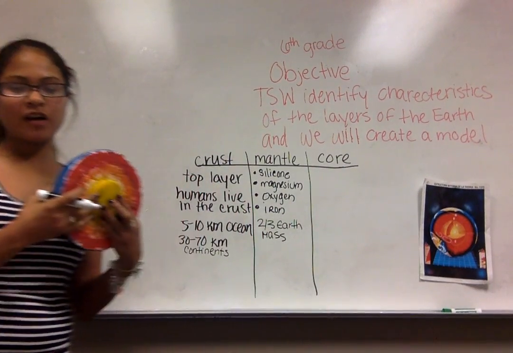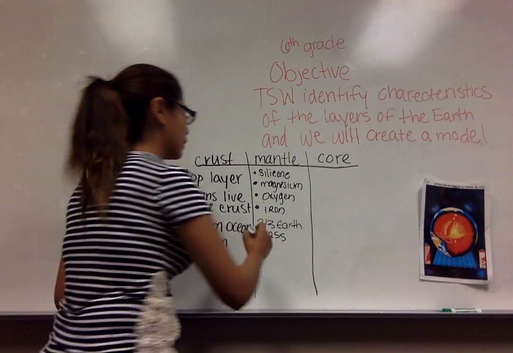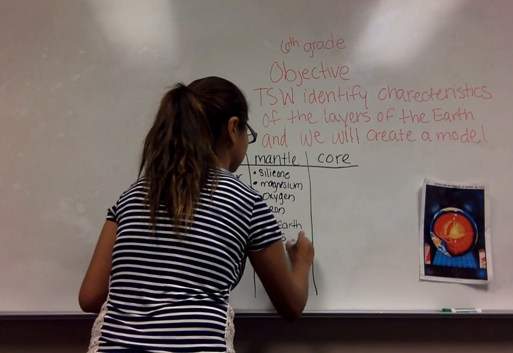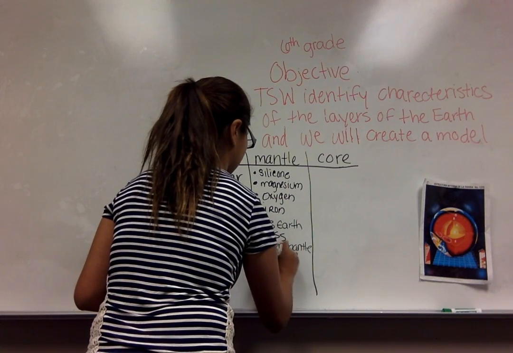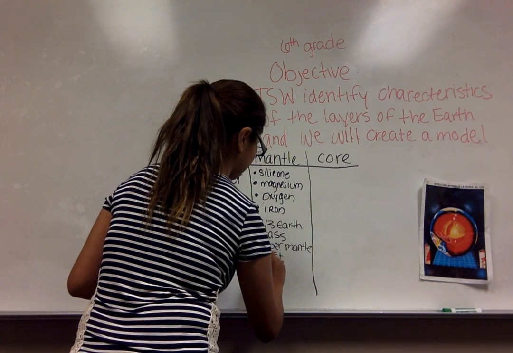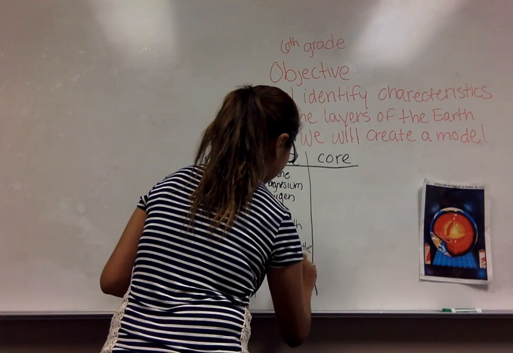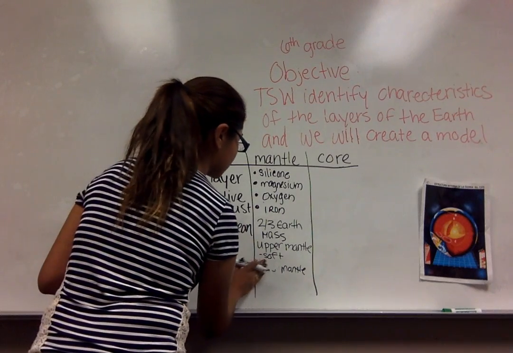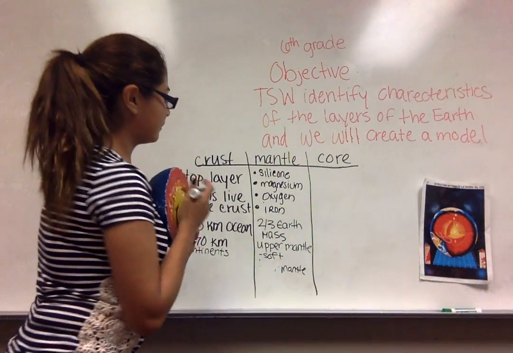Very good. The video also told us that the mantle has 2 parts. The upper mantle, that is soft, and the lower mantle, I'm sorry, let's put the lower mantle, that would be kind of close to the core, right?